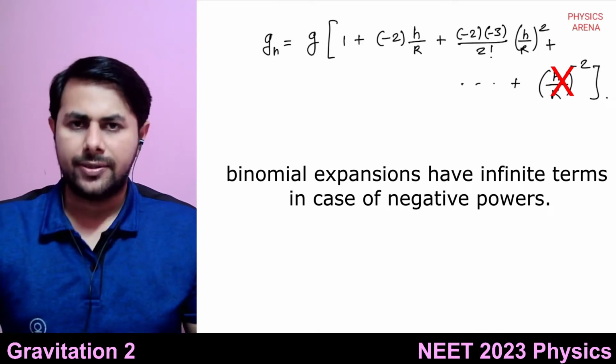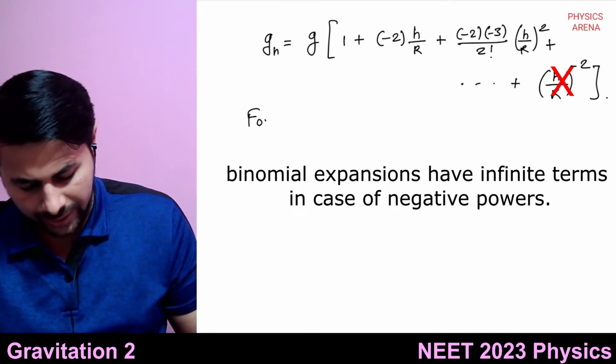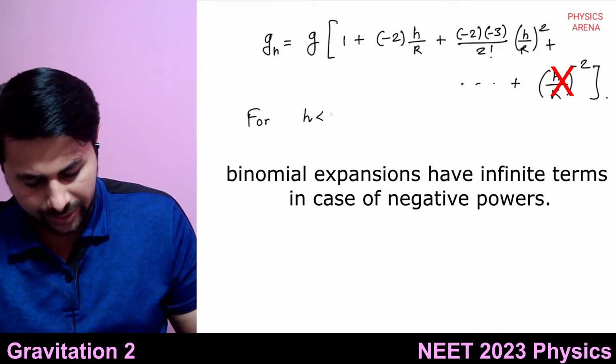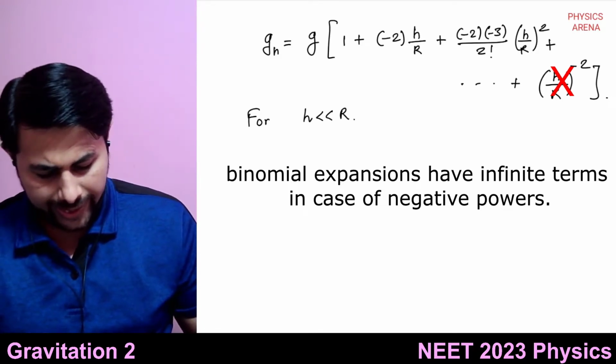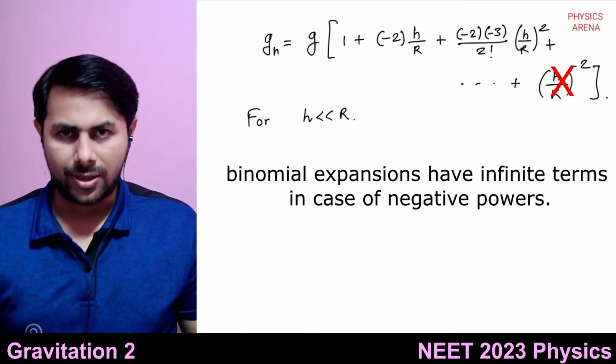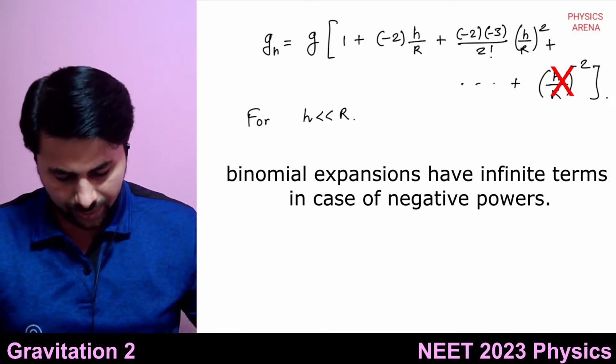After that, for very small heights, h is very small compared to r. H square will be very small compared to r square, right?